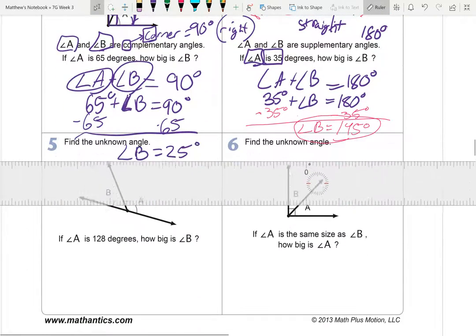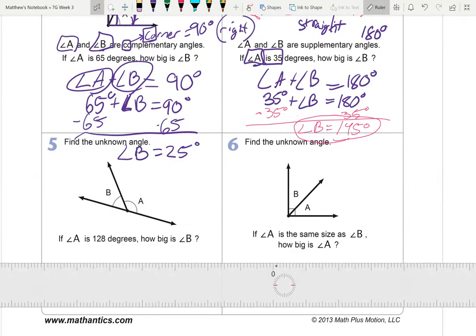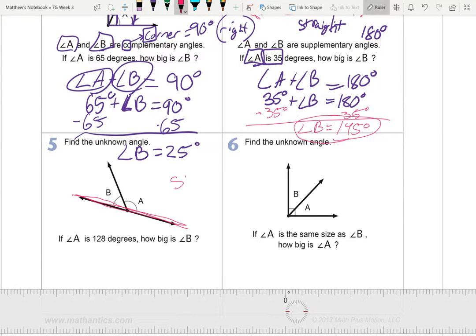Same here. Find the unknown angle. Again, we see that this makes 180 degrees. You can measure it with your ruler to check. So they're supplementary, meaning they add up to 180 degrees.